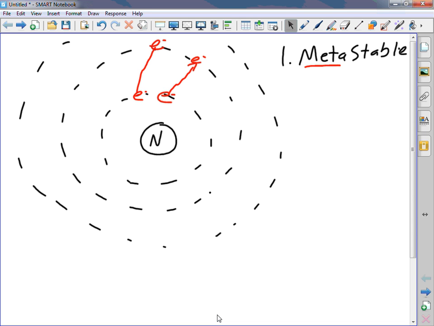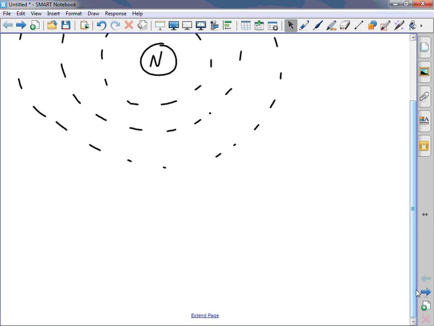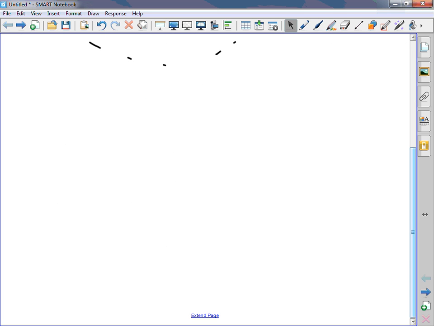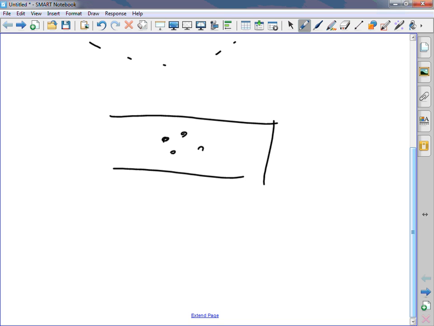Now the second thought is, I do that with one atom, but that's not enough. A laser is going to consist of a whole bunch of things, right? And you've got all these atoms in a tube here, and here's my focusing lens, if you will. So I've got all these atoms in here, and if one of them has its electrons in a metastable state, so what?